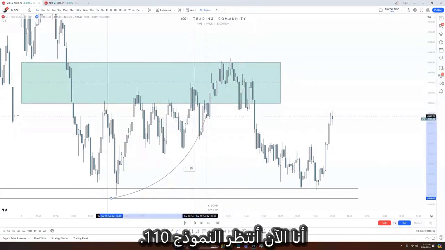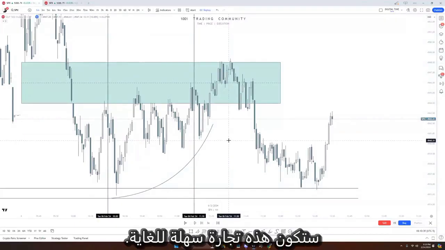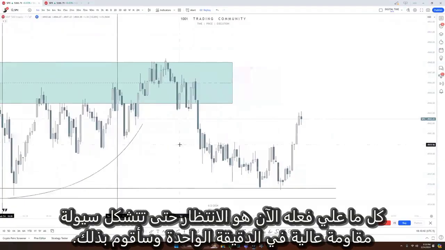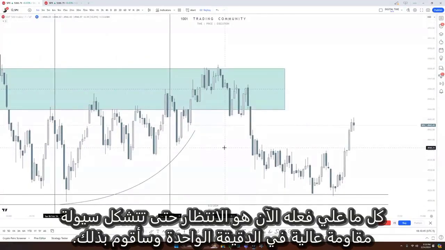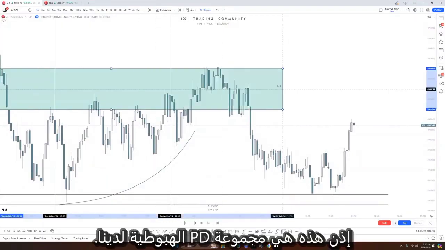I am now expecting Model 110. All this beautiful liquidity is sitting right here. This is going to be a very easy trade. All I need to do now is wait for high resistance liquidity to form on the 1 minute, and I'll dissect it here for you in a second. So that's our bearish PD array.